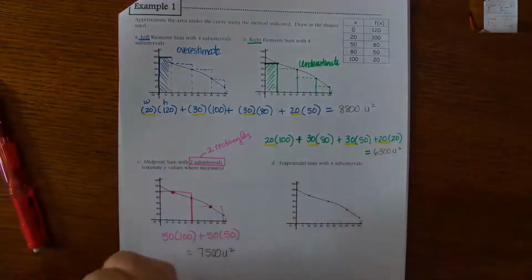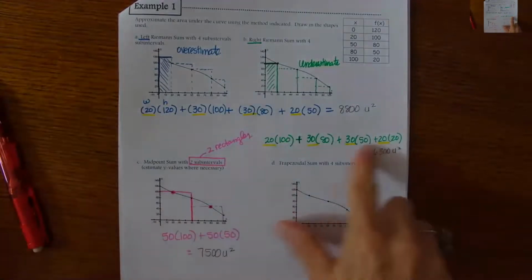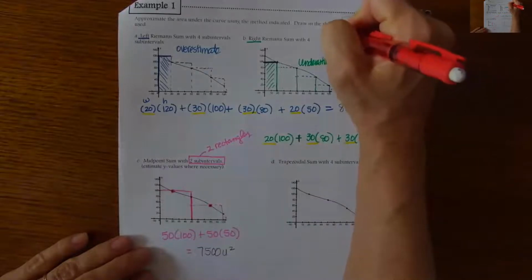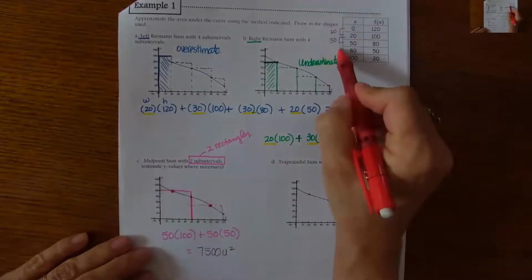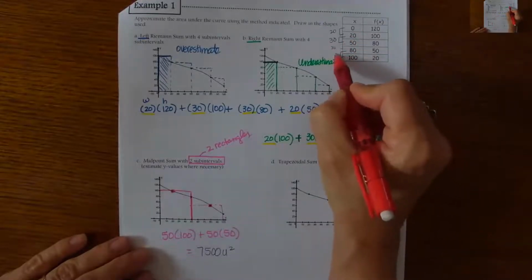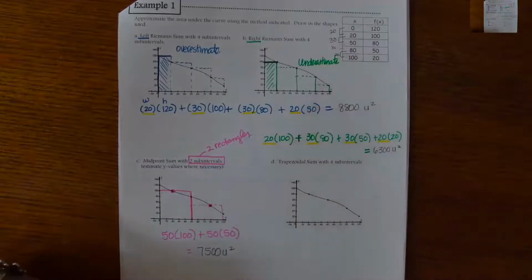Were those the same on both? And what is that number? If you look here, isn't that just the difference in your X's?